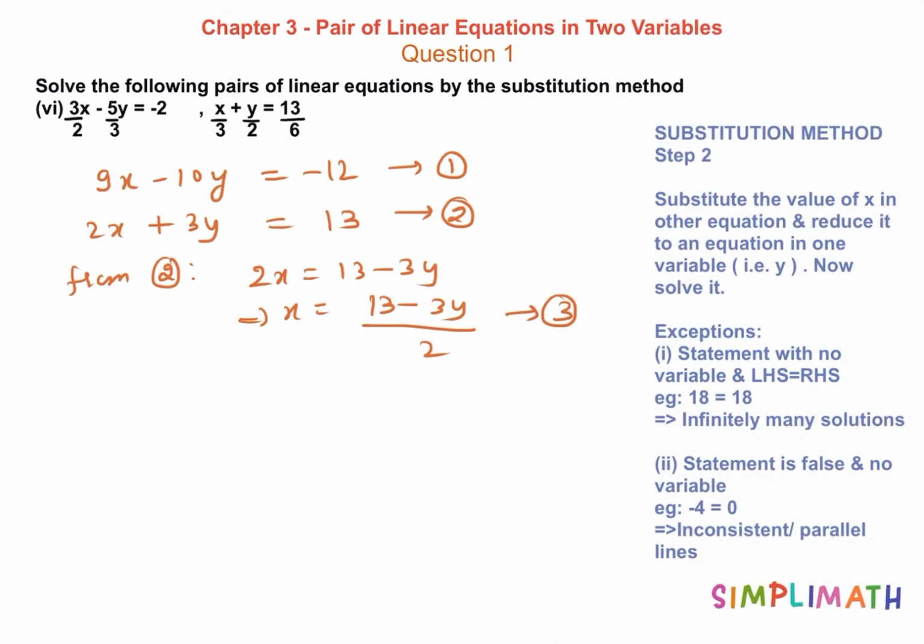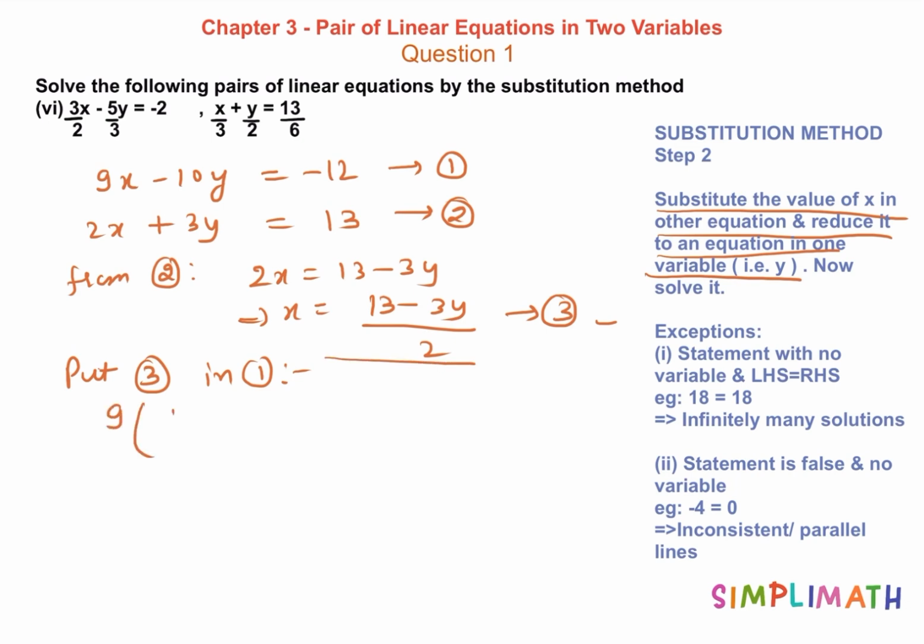Now step 2 says to substitute the value of x in the other equation and reduce it to an equation in one variable. So we put the value of x from equation 3 in equation number 1. So we have 9 into the value of x, 13 minus 3y by 2, minus 10y equals minus 12.